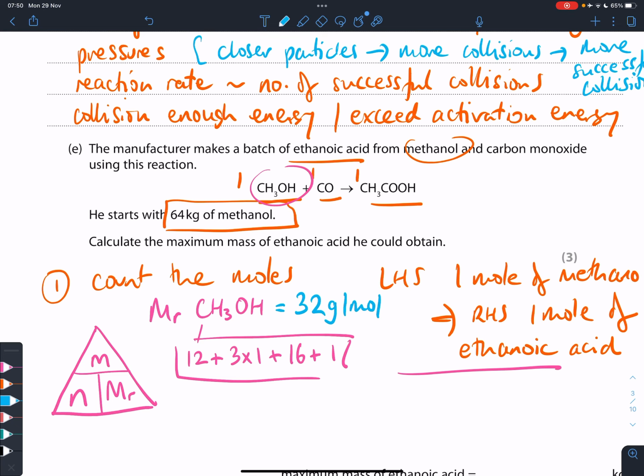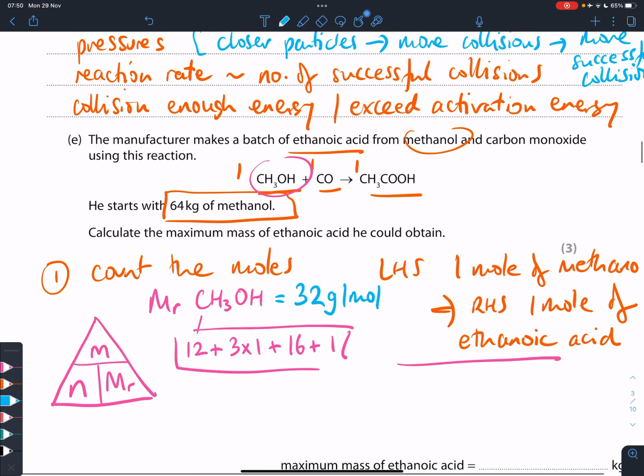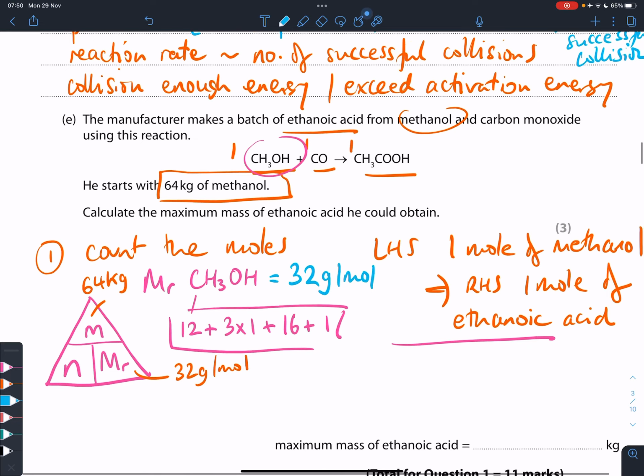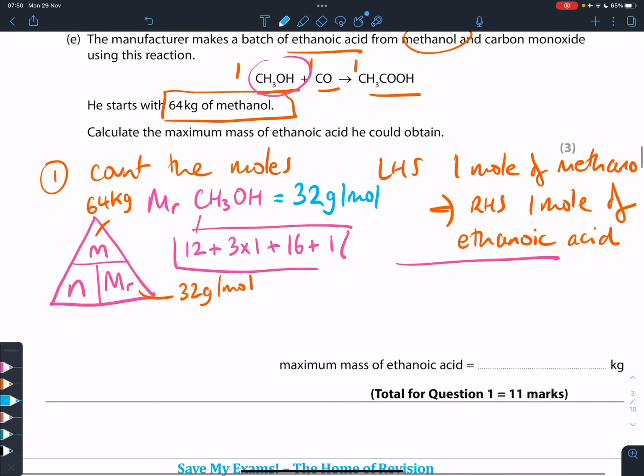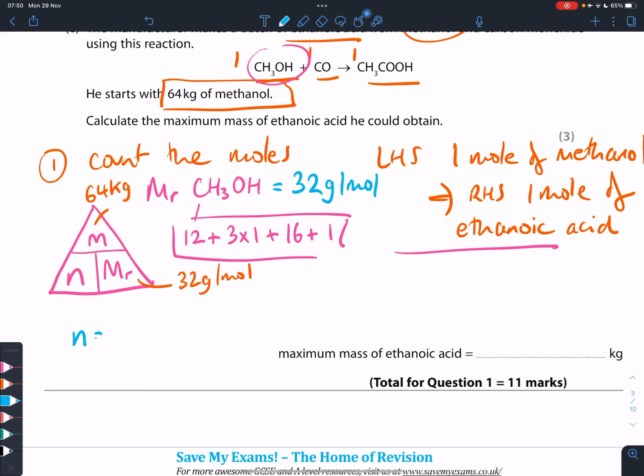Right, so how much mass did we actually have? We had 64 kilograms, and we've just worked out that it's 32 grams per mole. That's what MR is. So how many moles do we have? N equals 64 kilograms divided by 32 grams per mole.